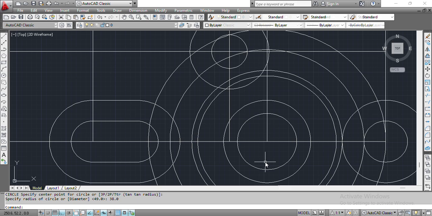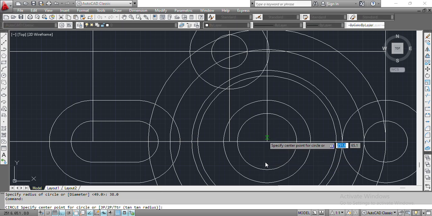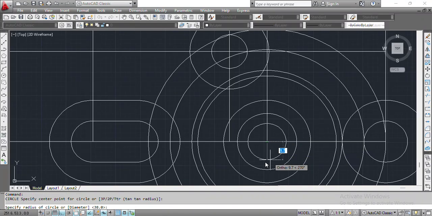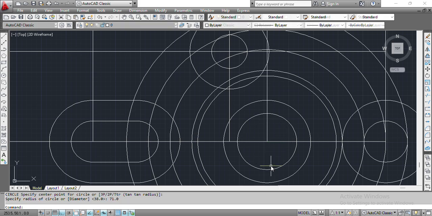So from that we also have other circles of 60.0 plus 11.0, that is 71.0. After that 71 we have another of 60.0 plus 22.0, of 82.0. So there are a number of circles there.